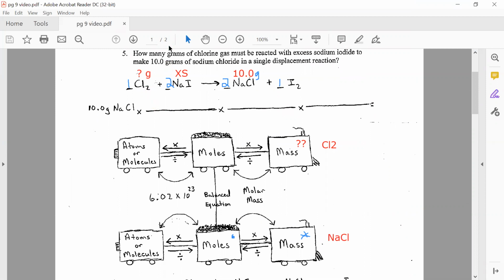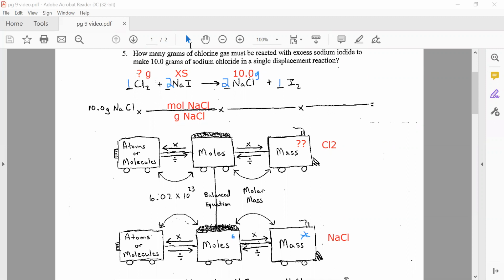So I'm coming from grams of NaCl, so I'm going to put grams of NaCl on the bottom, and I'm going to put moles of NaCl on top. And what's the molar mass? We said it was 58.5. It is 58.5 grams in a mole, or moles in a gram.